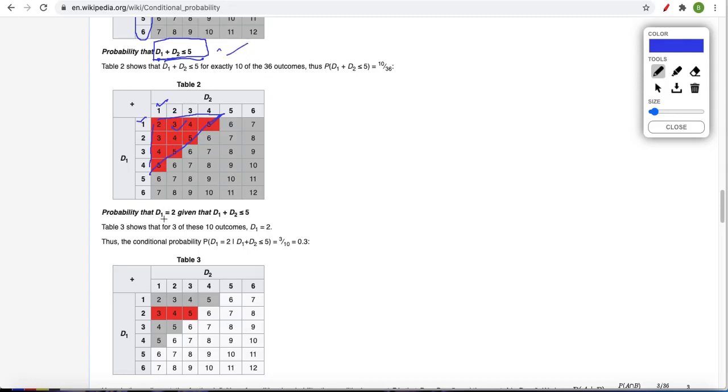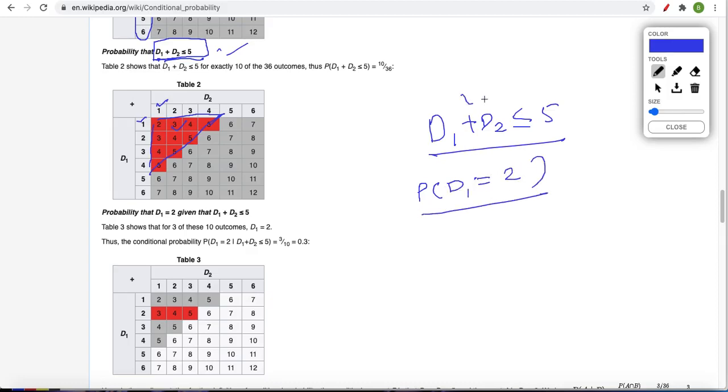Now, the probability that D1 is equal to 2 given that D1 plus D2 is less than or equal to 5, right? That's given to us, meaning the outputs on D1 plus D2 added are at most 5.